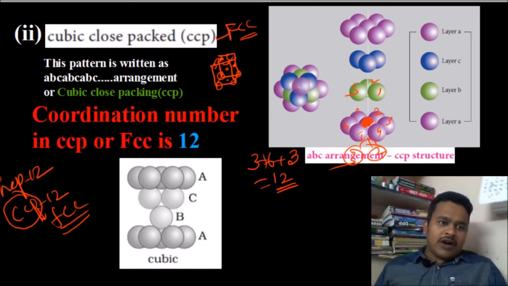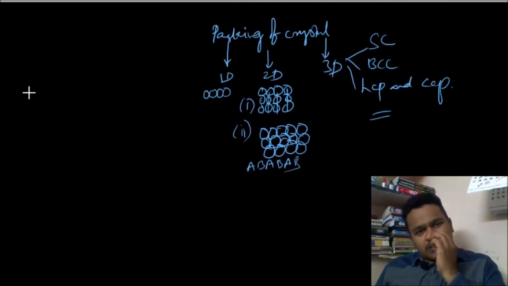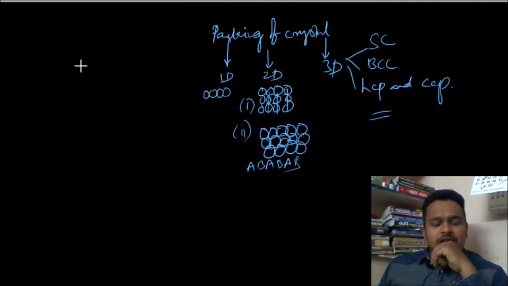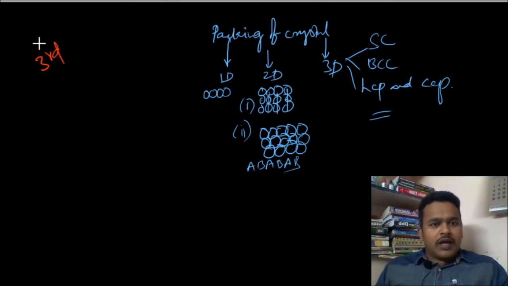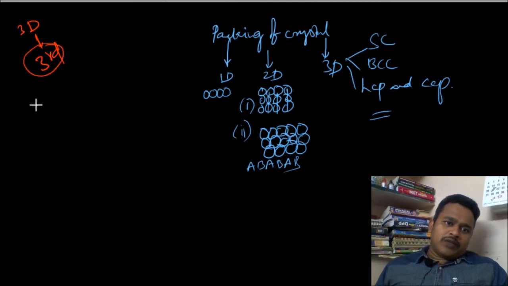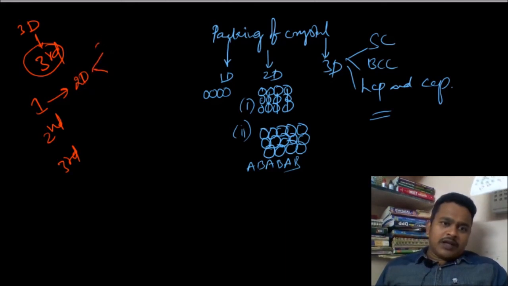Finally, what are you learning in this lecture? How to form the third layer in 3D. First layer is there, second layer is there, third layer is there. Once the first layer is formed in a two-dimensional way, an x triangular gap and a y triangular gap form.